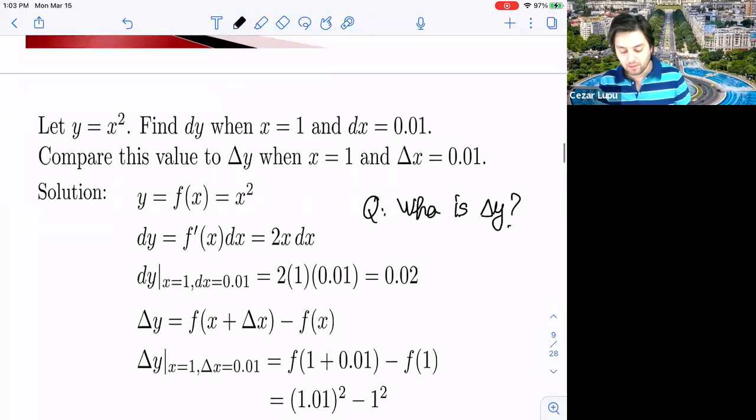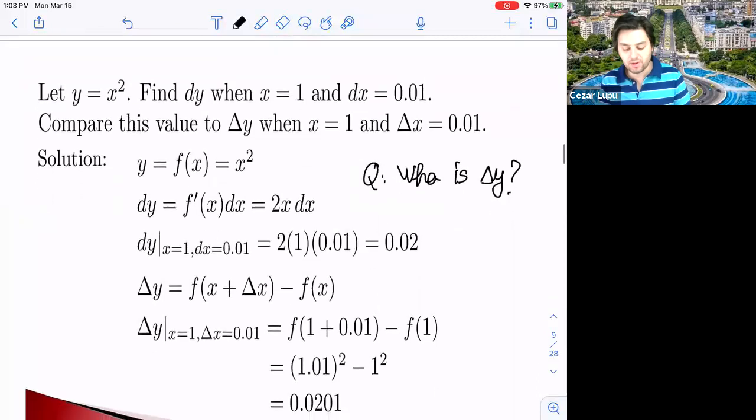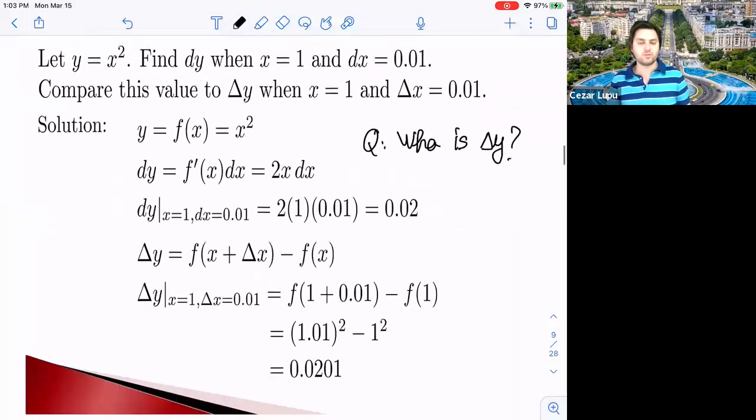Okay. Now let's just plug it in. This is just algebra. We know that f of x is x squared, so this difference will be equal to 1.01 everything squared minus 1 squared, which is, by some algebra that I'll leave to you, going to give us this result.